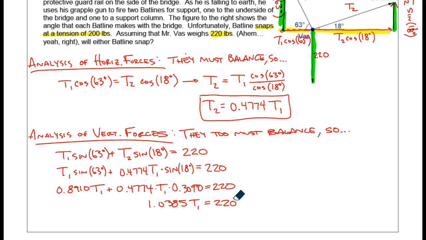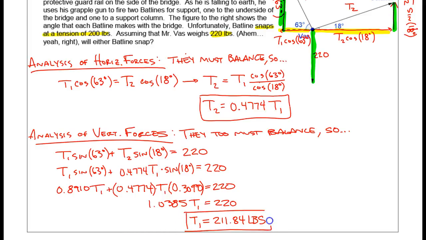And this previous step might be easier to see what I was doing if I had some parentheses in there. So the sum of these two terms is 1.0385 times T1. I divide both sides by 1.0385 and we get T1 equals 211.84 pounds.